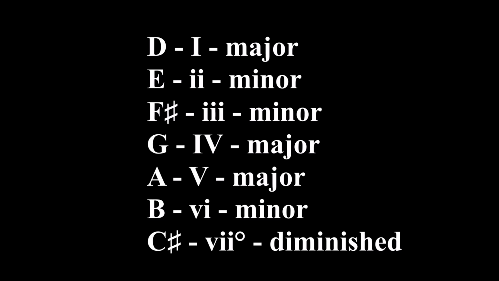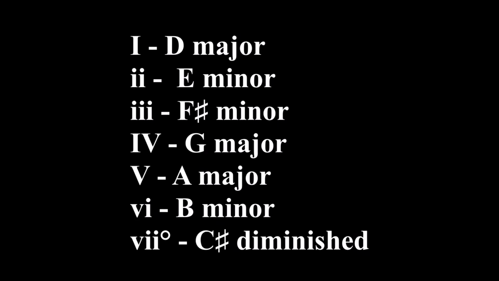Chord 7 is a diminished chord and is lowercase. Chords in a major key follow the pattern major, minor, minor, major, major, minor, diminished.